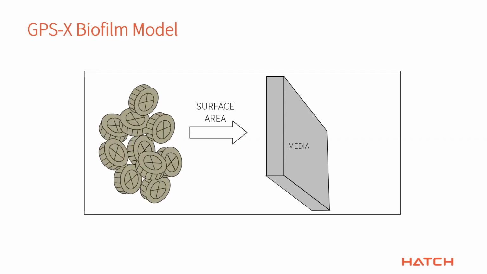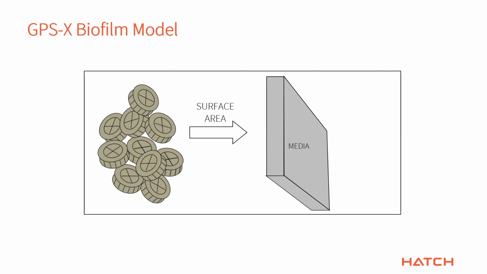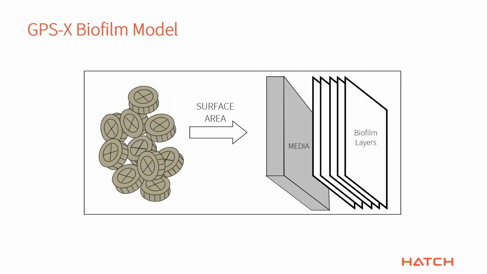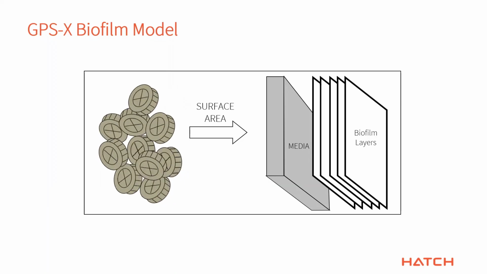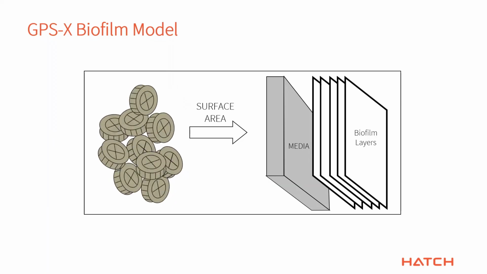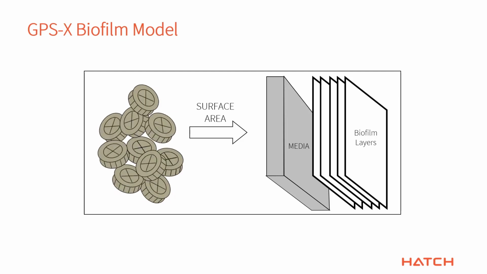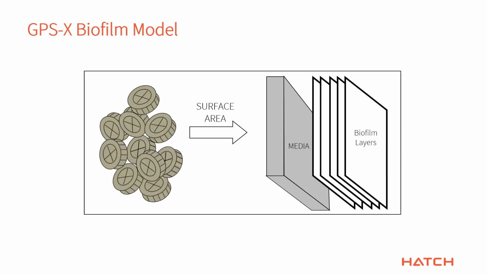And then we think about it as being one big homogeneous sheet of media. Then the biofilm will grow on that. By default in GPS-X, we have 5 biofilm layers. There'll be the layer that's closest to the media, and then ones on top of that, 5 of them all together. And then that outermost layer will be in contact with the bulk liquid.